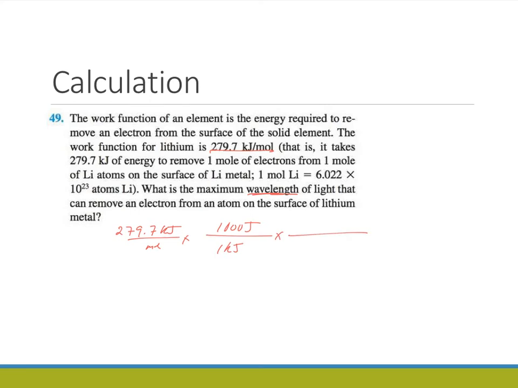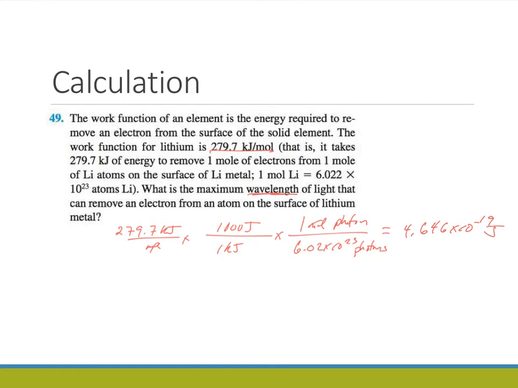So 1 mole of photons, to cancel the moles, is 6.02 times 10 to the 23rd photons. So we're going to find out the energy per photon, and that gives us 4.65, and actually let's use the correct number of significant figures here, 4.646 times 10 to the minus 19th joules per photon. So that's the minimum amount of energy required.